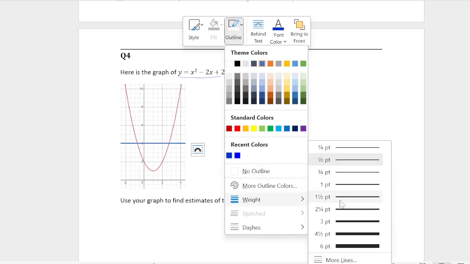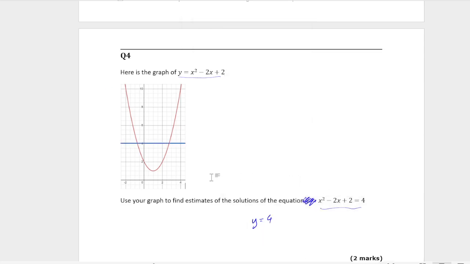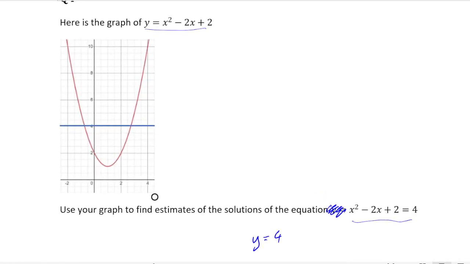Let me just make it a little bit heavier. There we go. So that's the line that I've inserted, and then I'm really reading off these values where the two lines would intersect. So it looks like we have an intersection here and an intersection here, and then I need to read those values off.